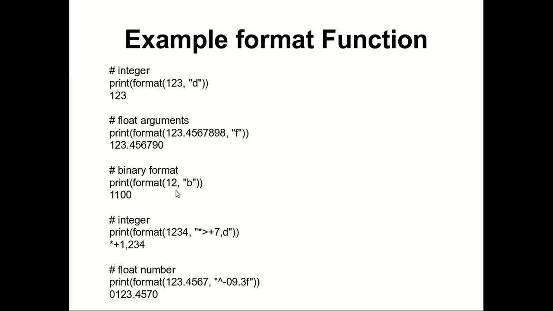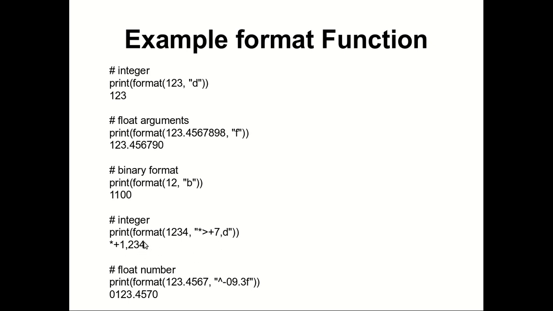Then B stands for binary format. And we have this one: star means fill the empty spaces with star, the greater than indicates right alignment, plus forces the sign, 7 fixes the size to minimum 7 spaces, then comma puts a comma after every 1000, and D is for integer.